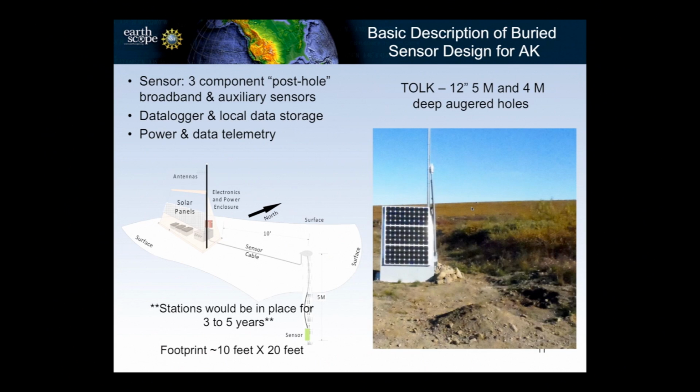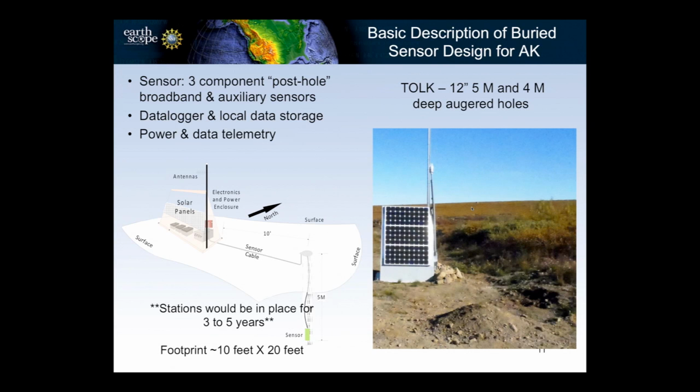And so the first example of this is a station called Tolk, which is on the north slope of Alaska. And Tolk is sort of the poster child for how we would try to do a lot of these more remote sites. There is a hardware hut that has solar panels, which will generate power in the summer, that encloses some form of power system, either lithium ion batteries that are rechargeable or a fuel cell system.